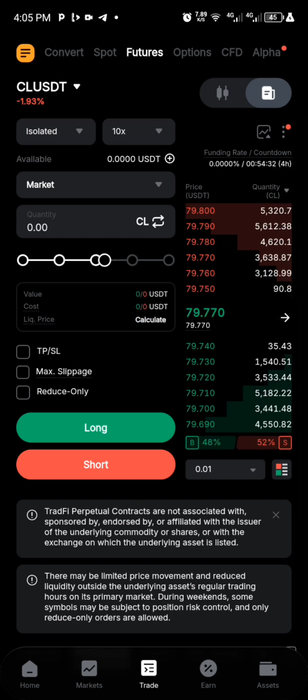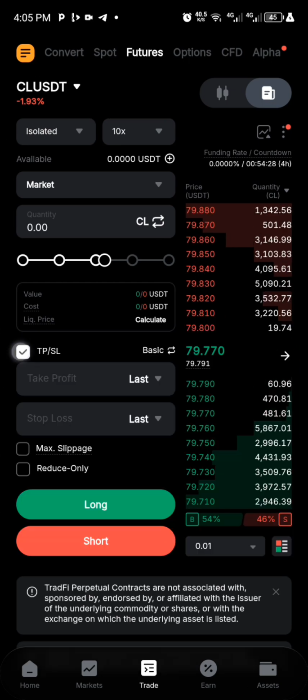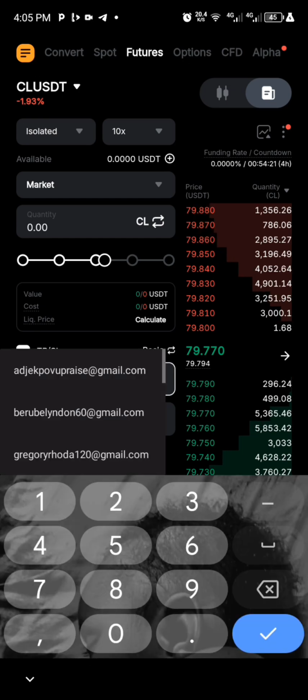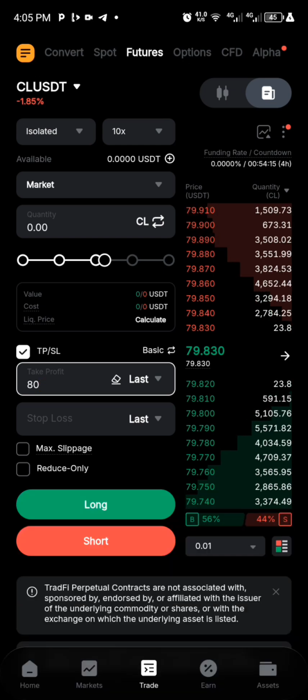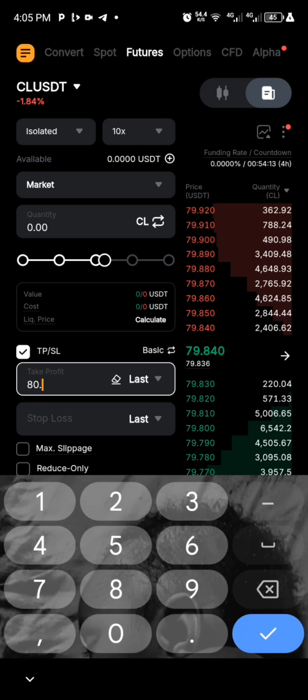So when you're done, you see this TP and SL, and you click on that box. That is where you're going to be setting your take profit and your stop loss. You come here, you put the amount of take profit, let's say 80.00.